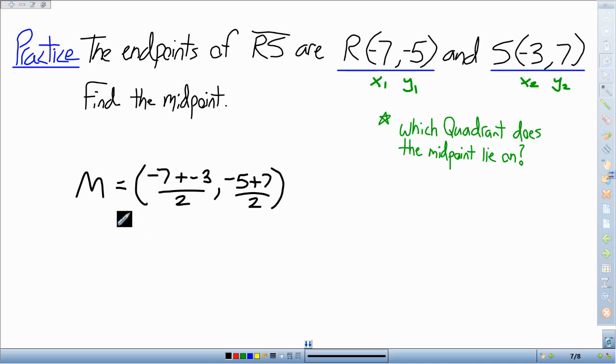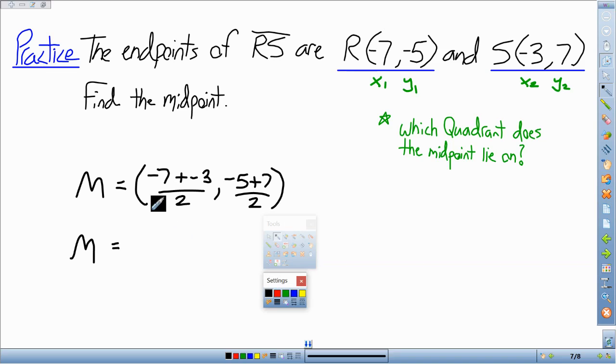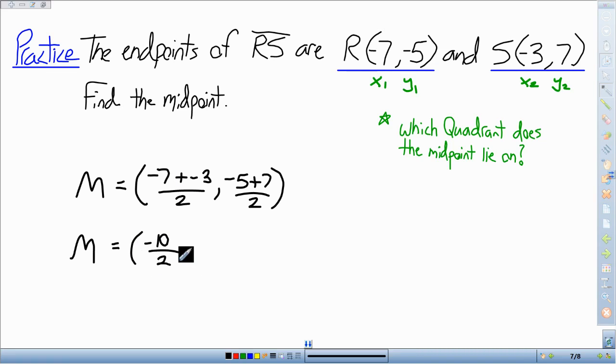Let's see what happens. Up top, we have a positive and a negative side by side, so we can ignore that positive. This is really just -7 minus 3. Another way of thinking of it: if you have two negatives and you're adding them together, you get a bigger negative number. So -7 and -3 gives me -10 over 2.